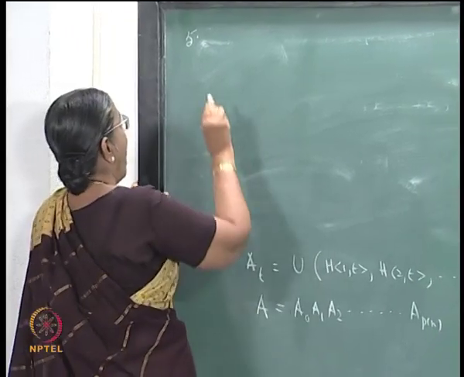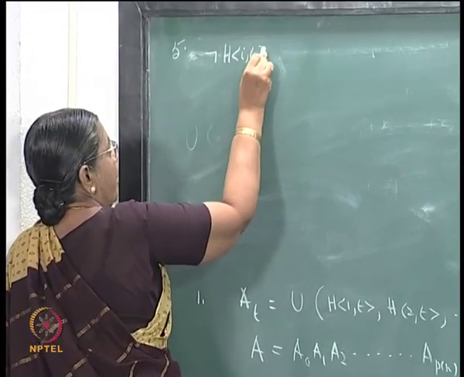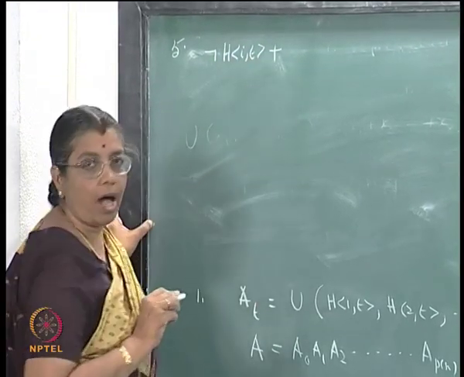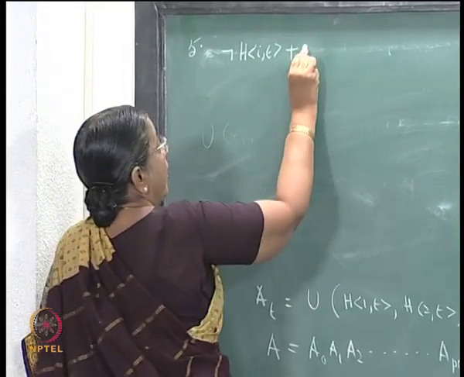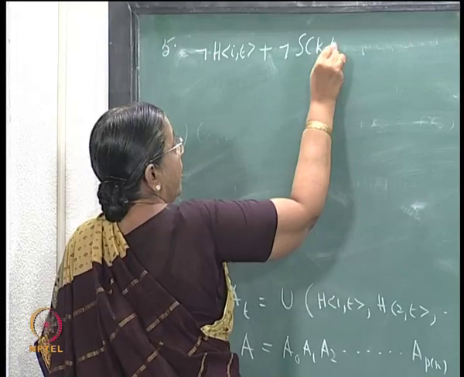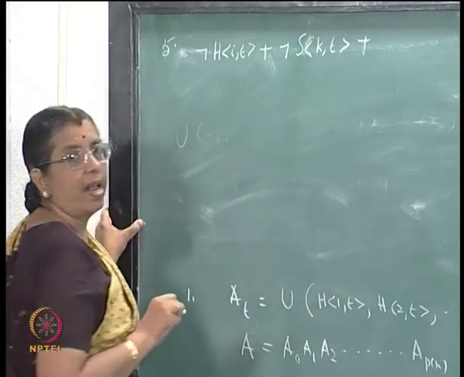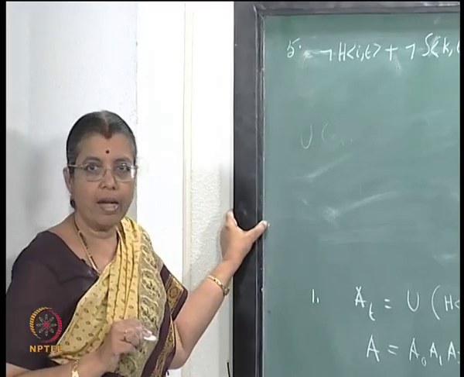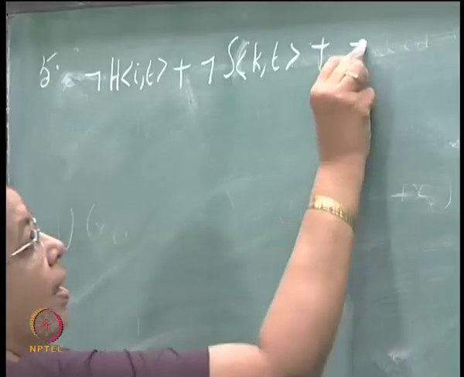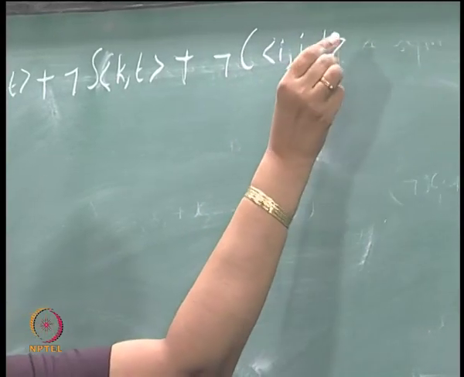So, either the head is not scanning the ith cell at time t, or the state is not k at time t, or the ith cell is not containing the jth symbol at time t.